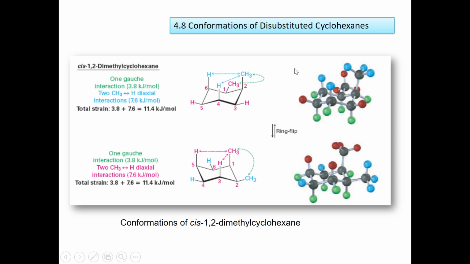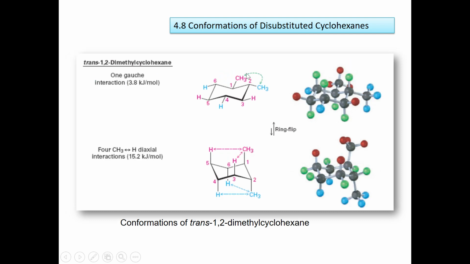Okay, and that's all. We can draw the two different cyclohexane conformations, but both will be exactly the same. Always we will have one methyl in equatorial and one methyl in axial.